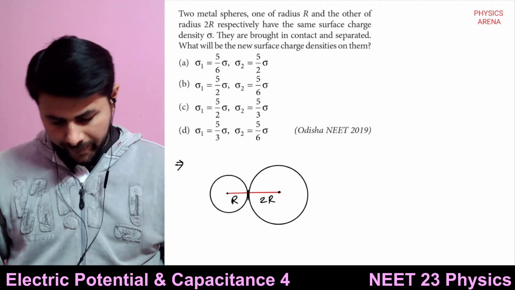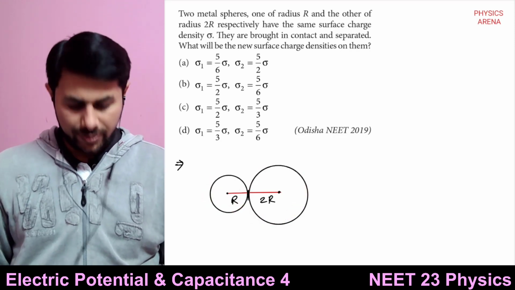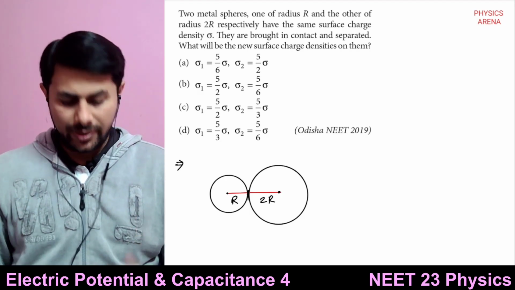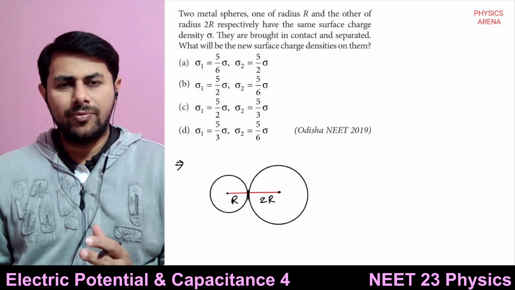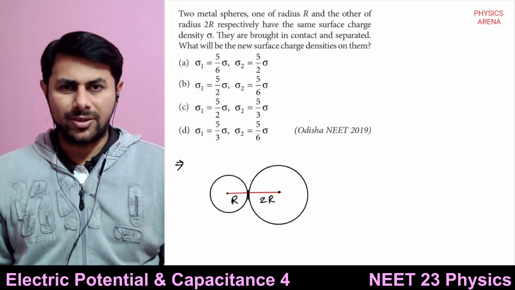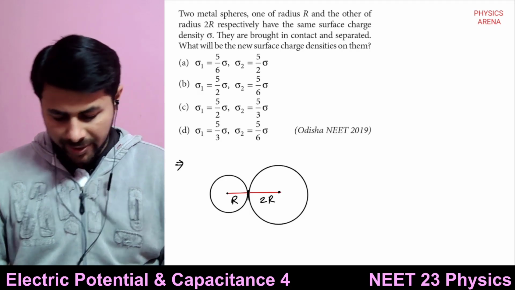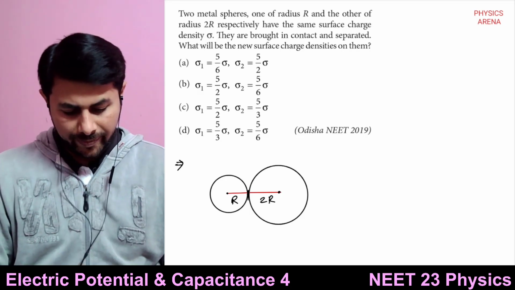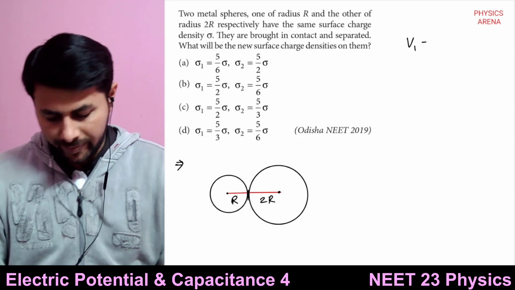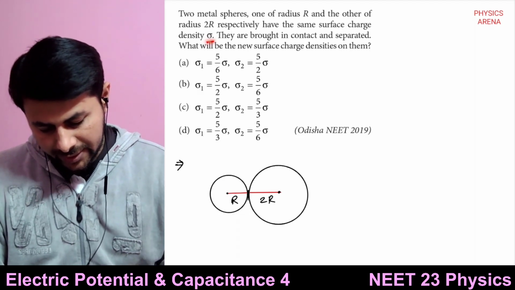All right. So see, we have two spheres and they are connected to each other. Charge will get transferred from one sphere to another till the time the potentials on both spheres become equal, till there is no potential difference. Because if there is potential difference, that means there will be electric field. If there is electric field, that means there will be force. So V1 will be equal to V2 ultimately. We want to find out the surface charge densities.